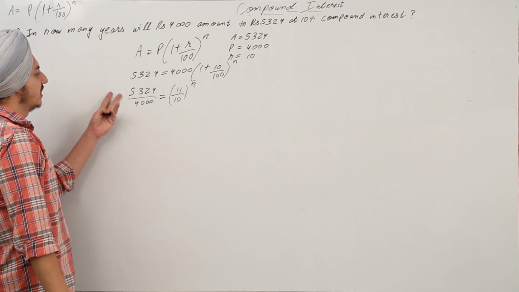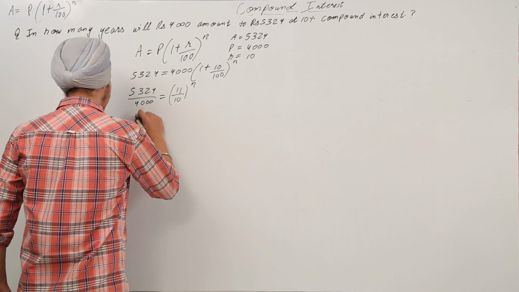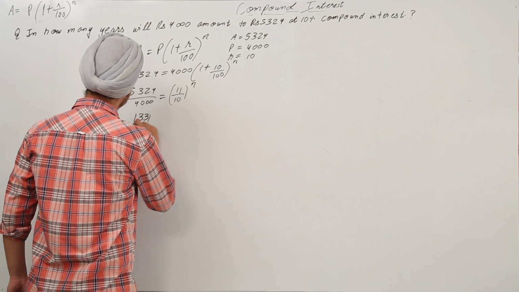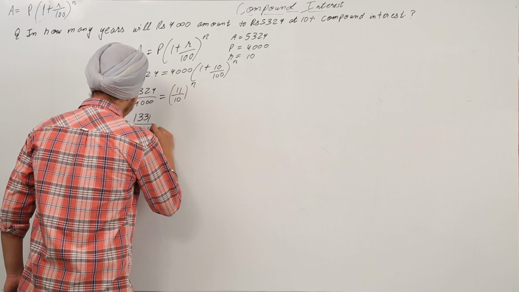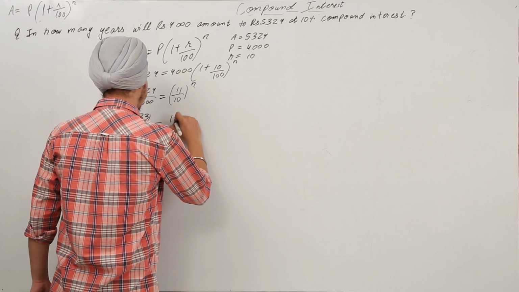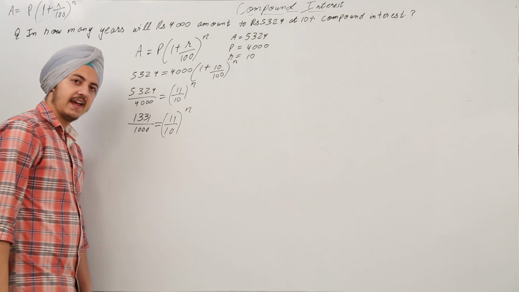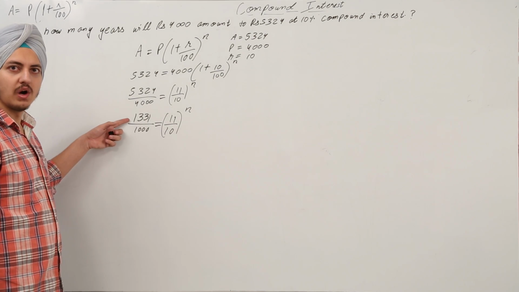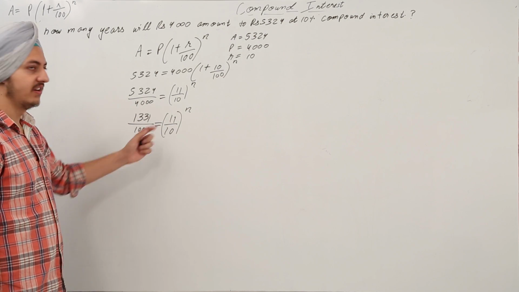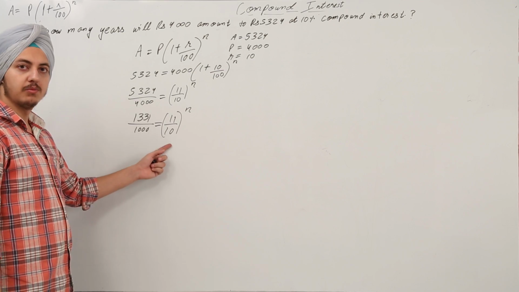If you divide both these values by 4, you will get 1331 upon 1000 equal to (11 by 10) raised to power n. 1331 is the cube of 11 and 1000 is the cube of 10.